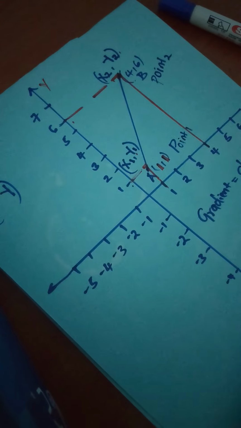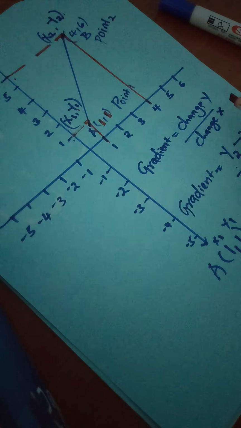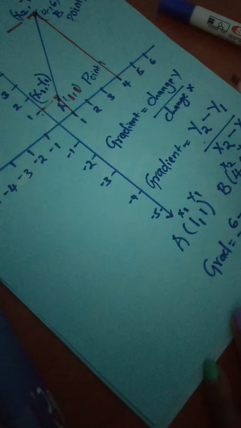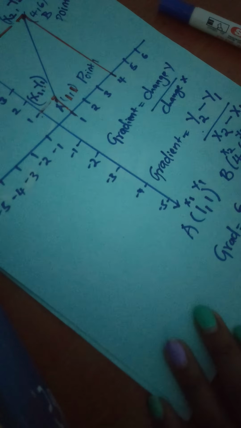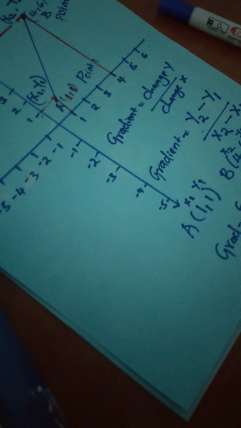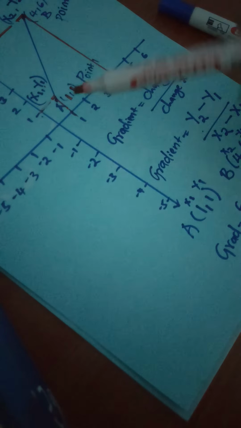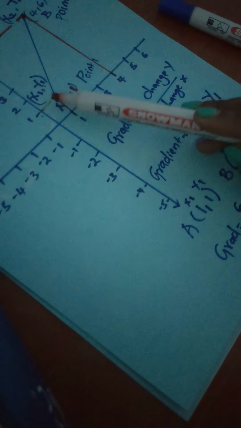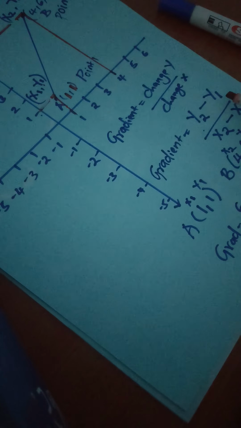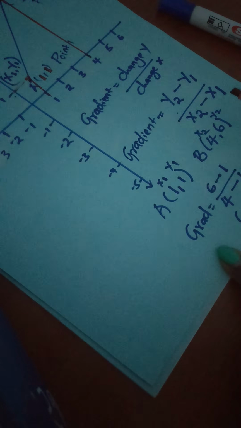We're calling them change in y over change in x. And that change, I've clarified, is actually the difference. So the value of y in point 2 minus the value of y in point 1, which is y2 minus y1, divided by x2 minus x1.